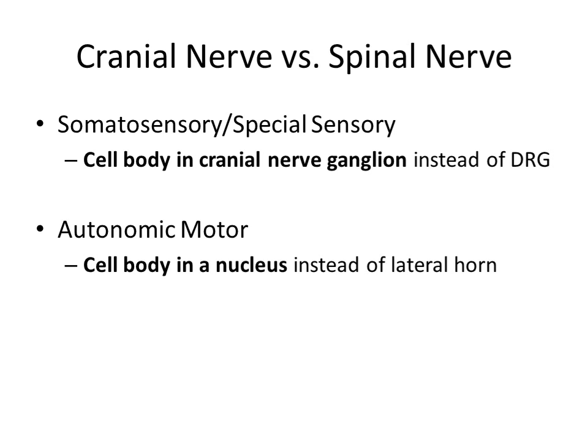Finally, looking at autonomic motor, you recall with the parasympathetics and the sympathetics at the spinal cord, their cell bodies are located in the lateral horn, or in a region analogous to the lateral horn.